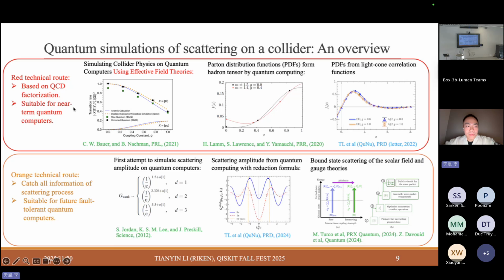This means that we can save our quantum resources, so this technical route is suitable for near-term quantum computers. There is another technical route. On this route, people simulate the hadron scattering process on a quantum computer directly. So we can catch all information of the scattering process. But as a cost, we need to spend more quantum resources, such as more qubits and more quantum gates.